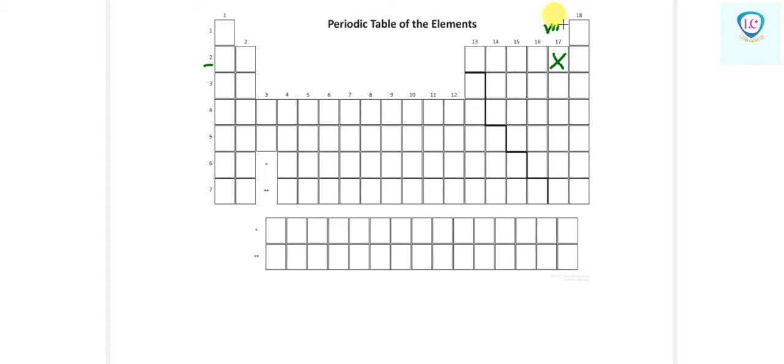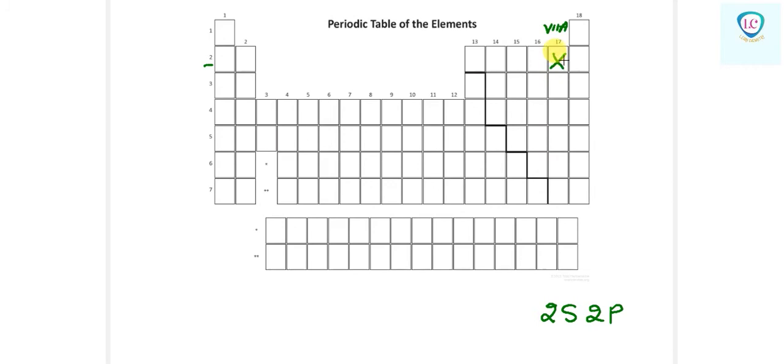Whenever I write the valence shell configuration, it is the second period, so it has 2 shells, and 2s and 2p will be written here.